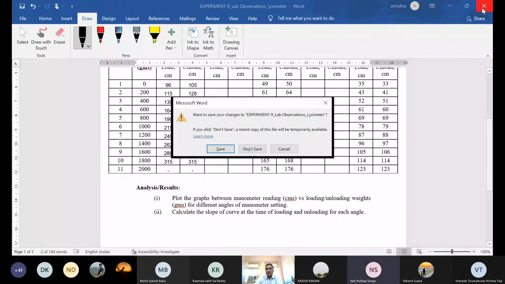Somebody is writing something. Sir, I don't think you have uploaded it, sir. We cannot see it actually. I think I have uploaded this. Let me see if the file is there.